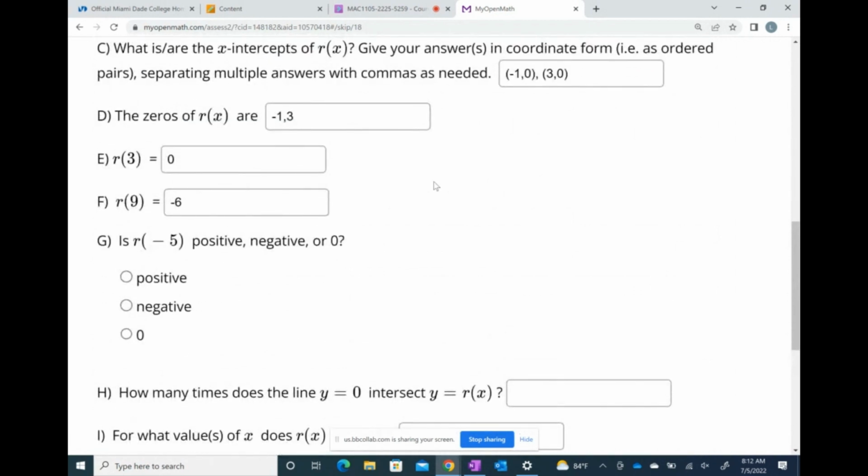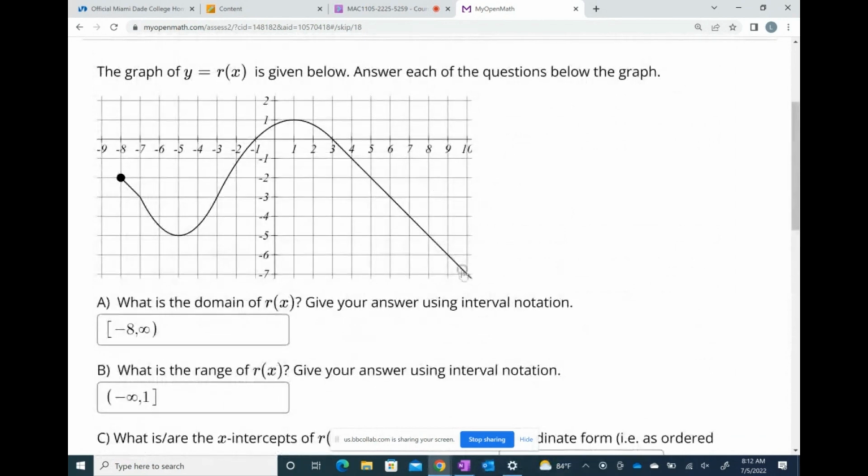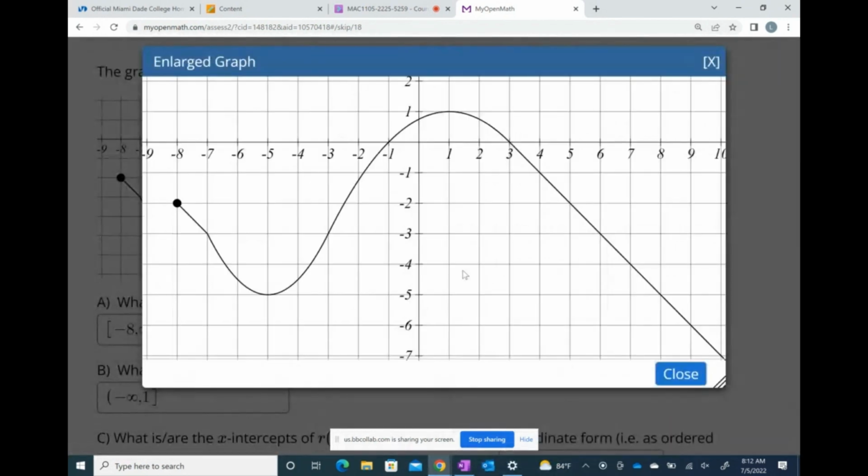Okay, good. So, next question. Is R of -5 positive, negative, or 0? Bring up the picture. What should be the answer? Negative. Very good. In other words, R of -5, we're talking about the y value corresponding to -5. So to answer the question, you need to figure out, okay, that corresponding point, is it above or below the x-axis?